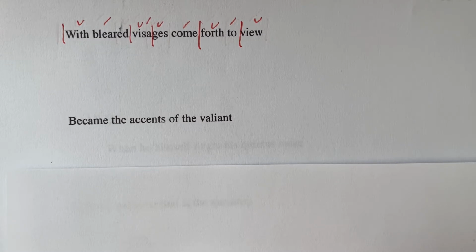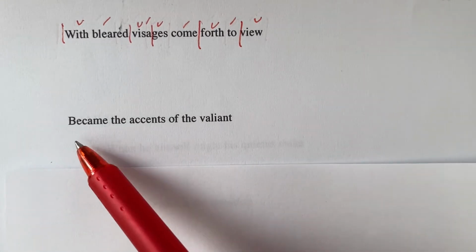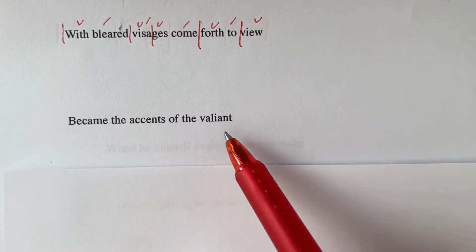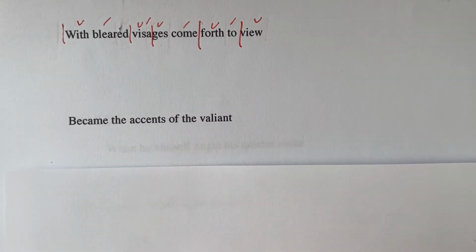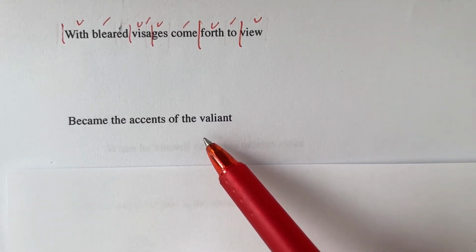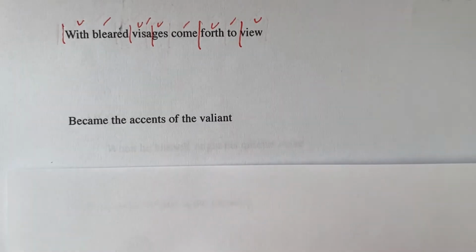Valiant sounds like two syllables. So "became the accents of the valiant" only gives us nine syllables to work with, but we can expand the IANT at the end of valiant to create a tenth syllable, and we will pronounce that "valiant."